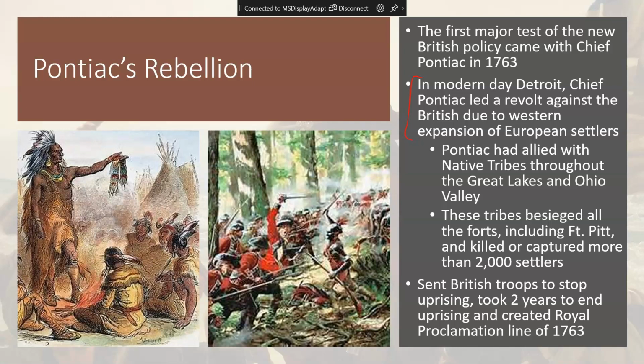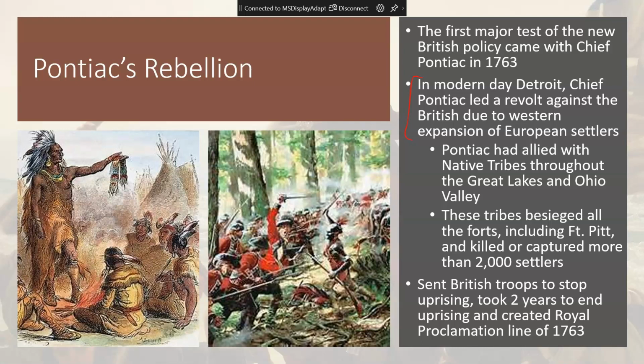Because you have to understand, colonists were trying to migrate into the new area that the British had taken control of. They felt, wow, we won, let's go migrate, let's go take the land, and Pontiac was not having it. Remember, Pontiac and his tribe were tight with the French, which allowed them to control that area without any problem from any French citizen, right?